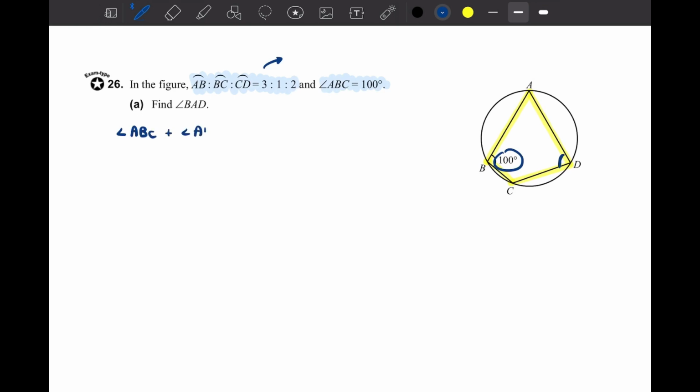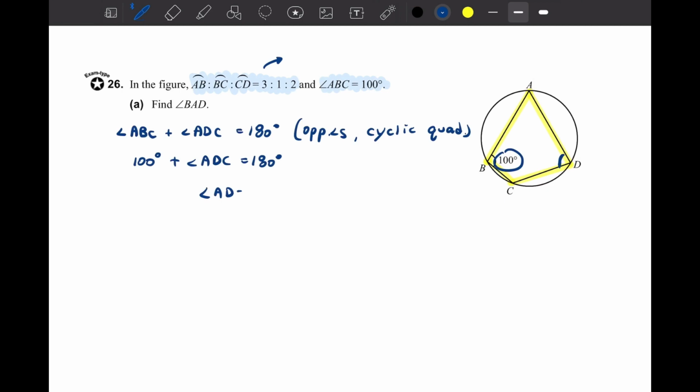Angle ABC plus ADC equals 180, opposite angles in a cyclic quadrilateral. So 100 plus angle ADC equals 180, meaning angle ADC is 80 degrees.